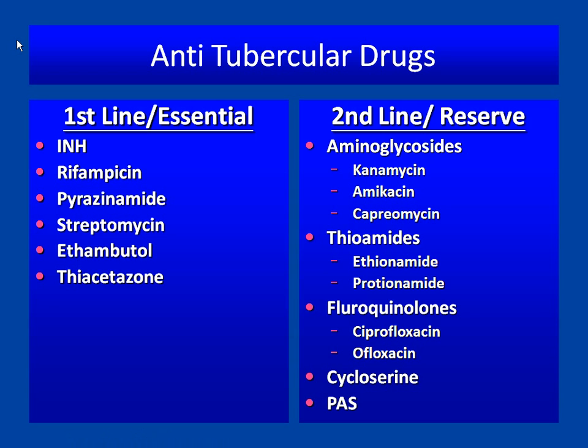The essential drugs remain the first line of drugs: INH, rifampicin, pyrazinamide, streptomycin, ethambutol, and thiazolidine. And the second line of drugs are the aminoglycosides, thioamides, fluoroquinolones, and cycloserine.